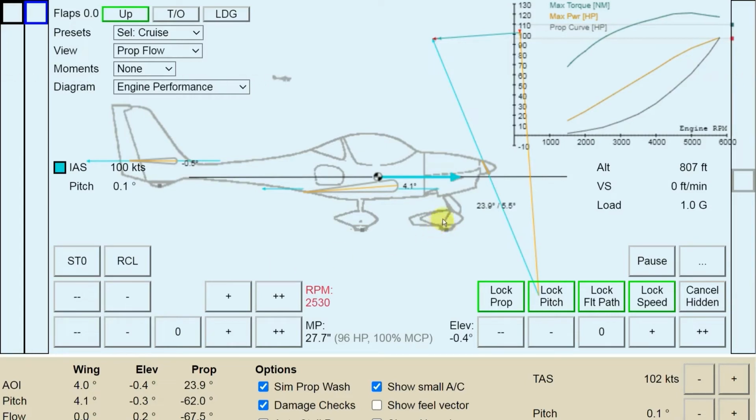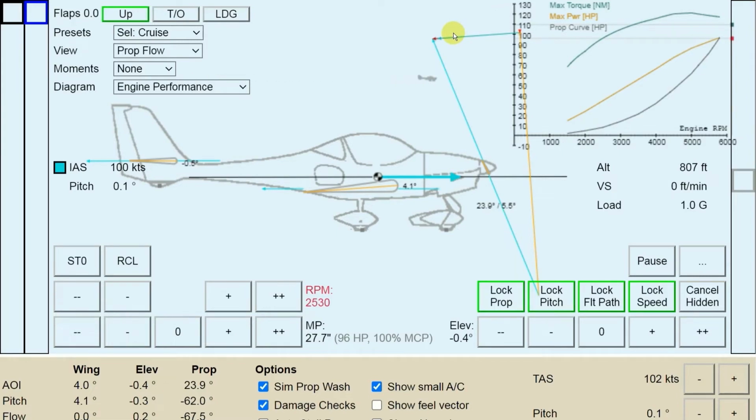Here we see that speeding up caused the propeller to overspeed. Why? The answer again lies in the changing airflow at the propeller. A faster airspeed causes more axial flow from the front.